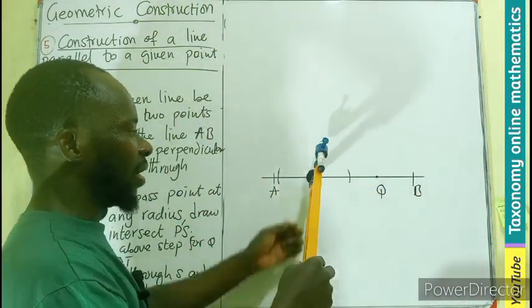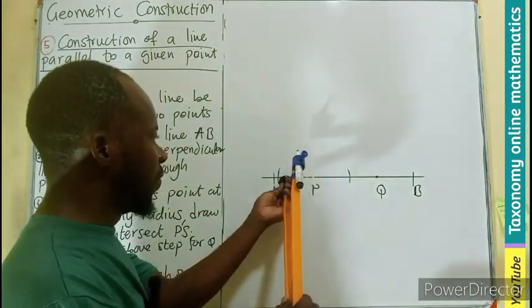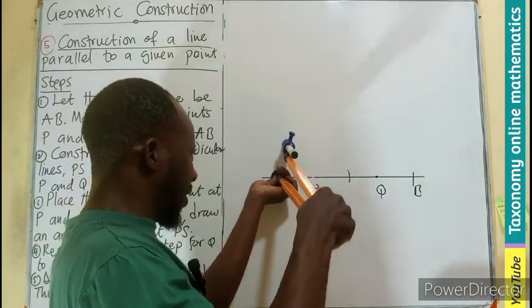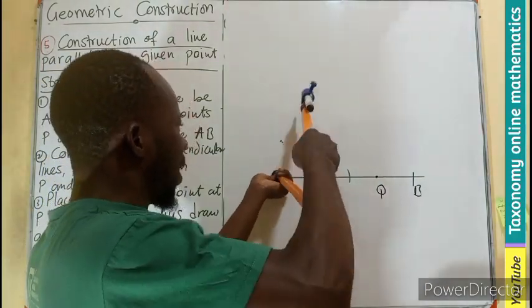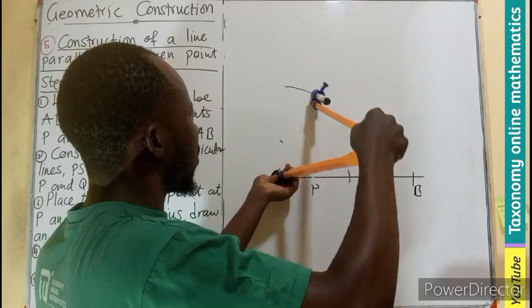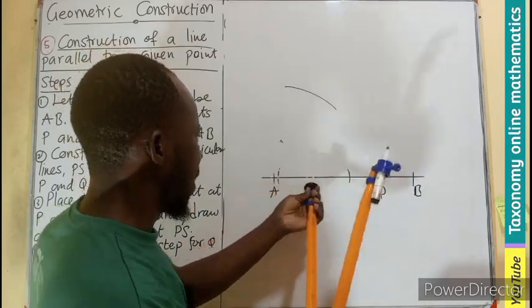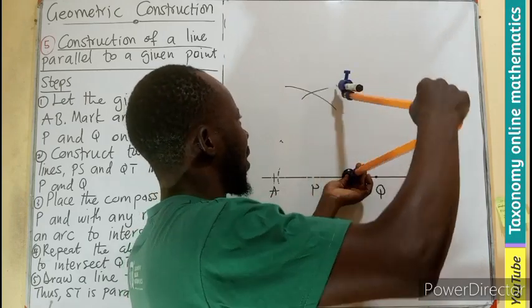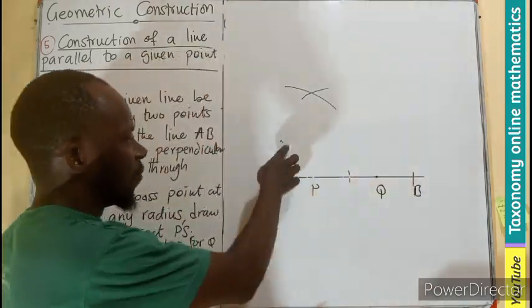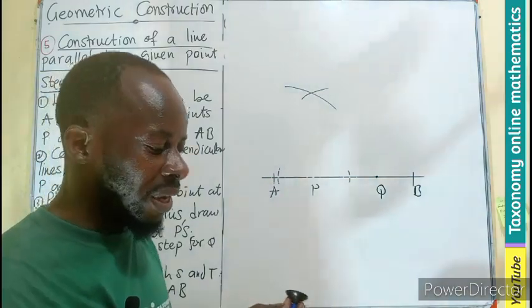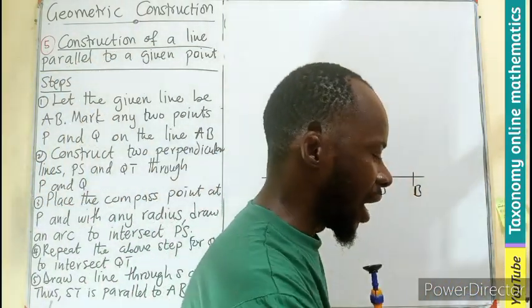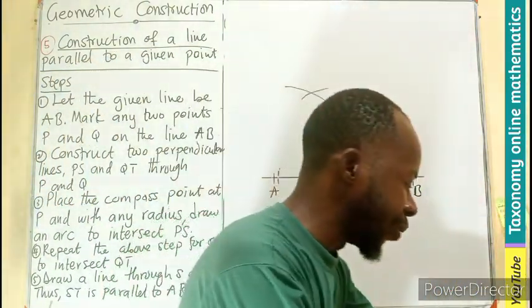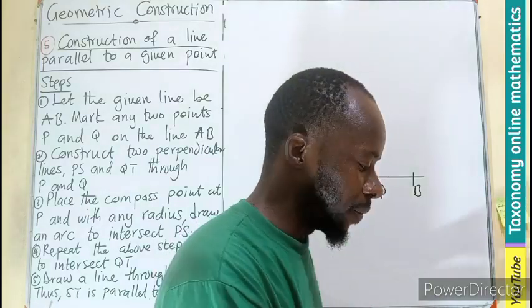And standing on these arcs that I have made, open a radius, make an arc, come back to the same arc that I made here, and intersect. Don't forget, this method has been dealt with in the previous episode. You can check it out. I think that will be in episode number 3.